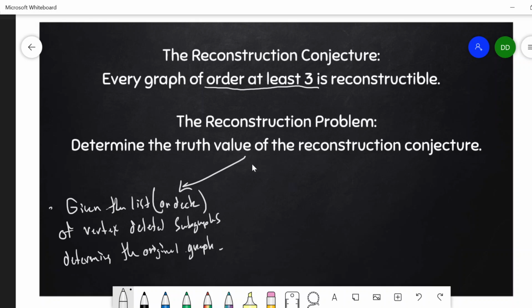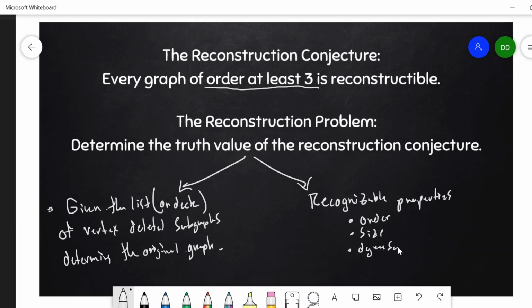And then the other thing we're going to want to focus on, and this will actually help us solve this problem, is to investigate what are called recognizable properties. So for instance, in the last example we looked at, where we looked at the vertex deleted subgraphs, we were able to determine the order, the size, and the degree sequence of the original graph.